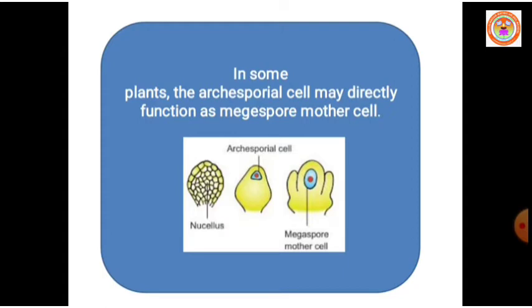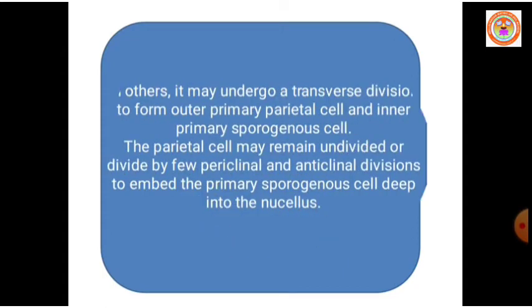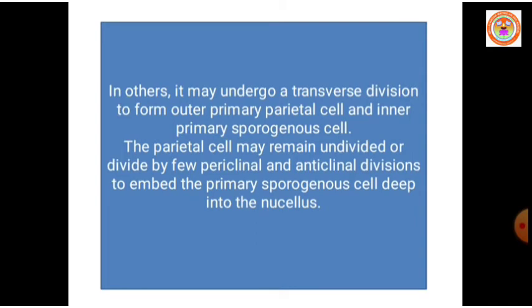In some other plants, it may undergo some transverse division, so it forms an outer primary parietal cell and an inner primary sporogenous cell. You may have studied the primary parietal cell, which is developed in anther. During the development of anther, these two terms were explained to you.